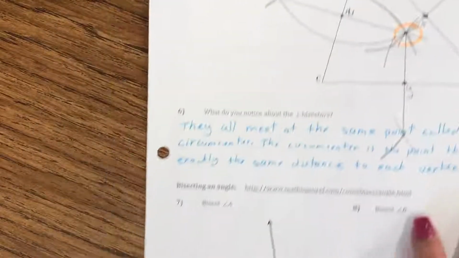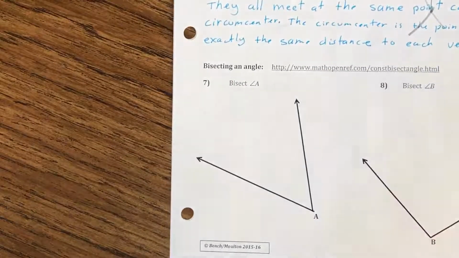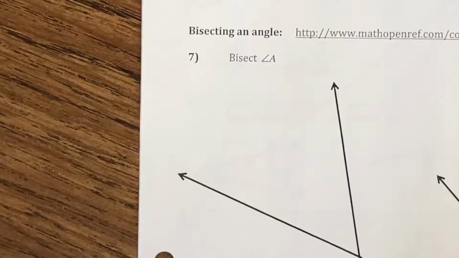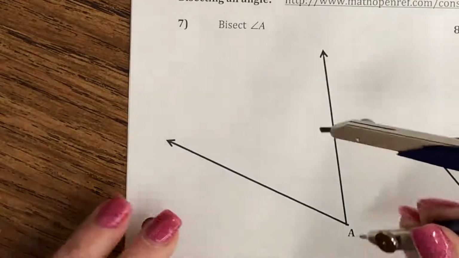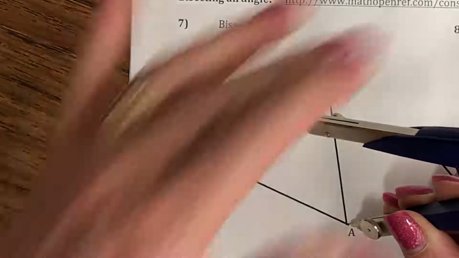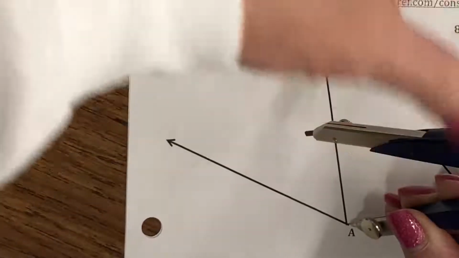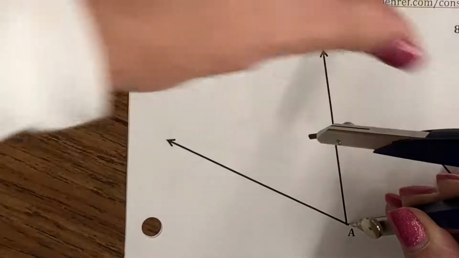Okay, now we're going to talk about how to bisect an angle. Okay, so we're going to bisect an angle. And the first thing we need to do is we're going to put our sharp point here on vertex A. Get a little smaller here so I don't go off here too much.